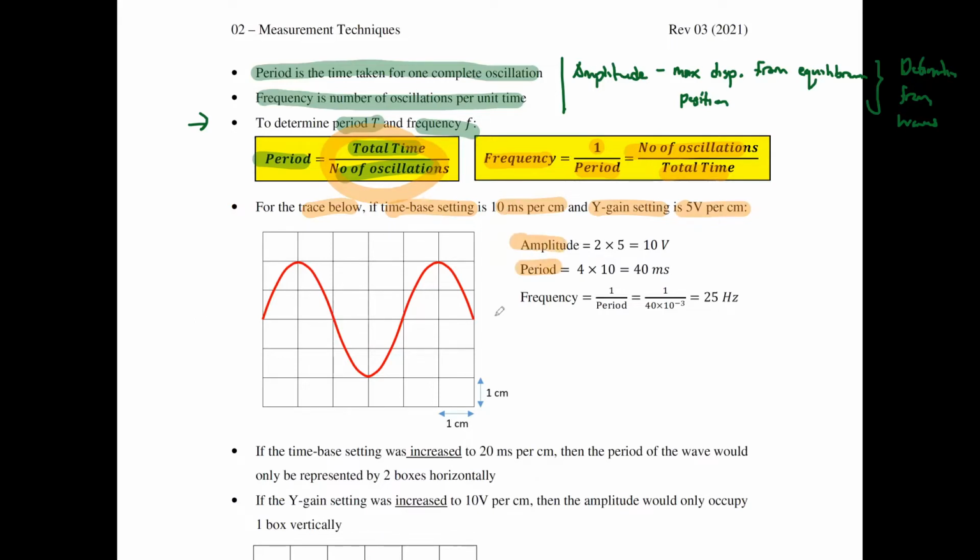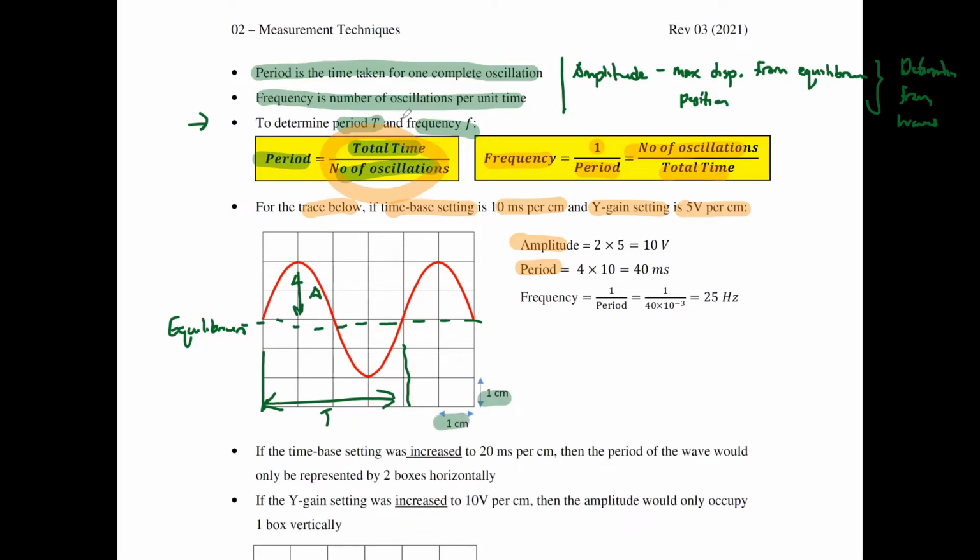Now this one you can easily see is the equilibrium position. This one would be your amplitude, whereas this one would be your period. Notice that the box here measures 1 centimeter by 1 centimeter.